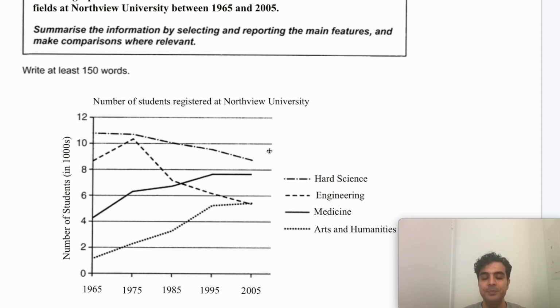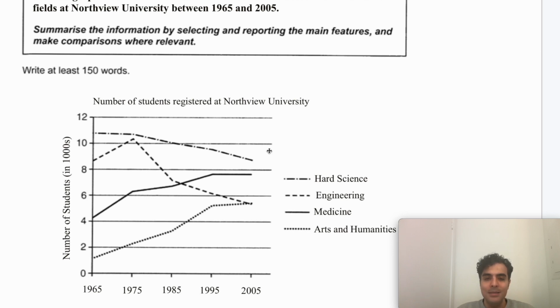The next question that I want you to ask yourself as you're trying to come up with another key point is draw a comparison. Do a very quick comparison and see if there is something that is always true. I'll tell you what I mean. For example, if you look at this chart, you'll notice that the number of students enrolled in the hard sciences was always ranking first.